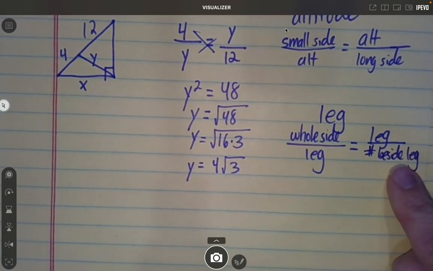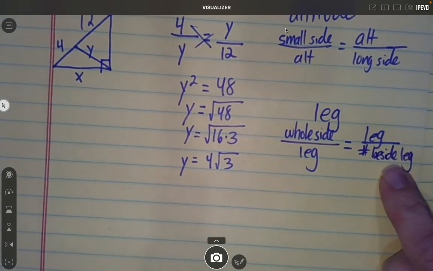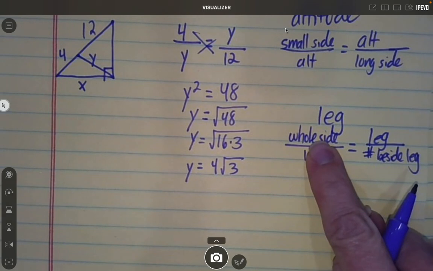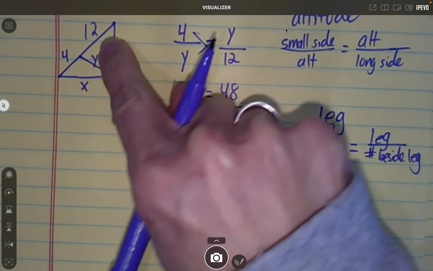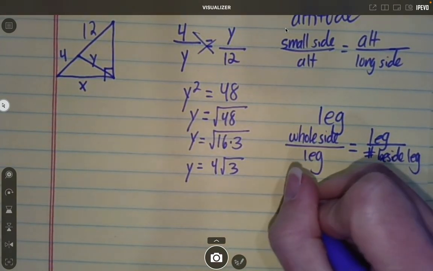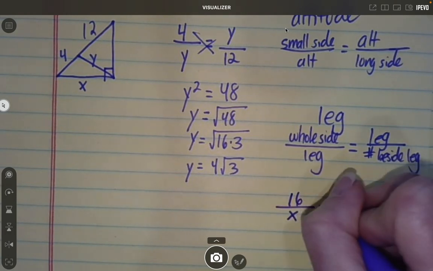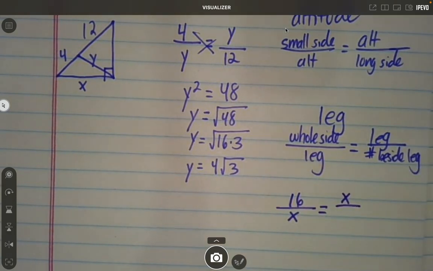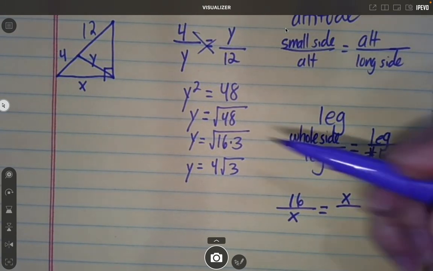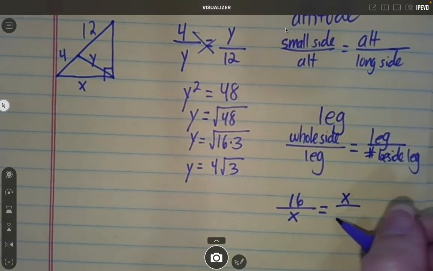Okay, so let's work this out. When you're looking for the leg, we put the whole entire side, 16, over the leg we're missing, x, equals x over the number beside the variable, 4.